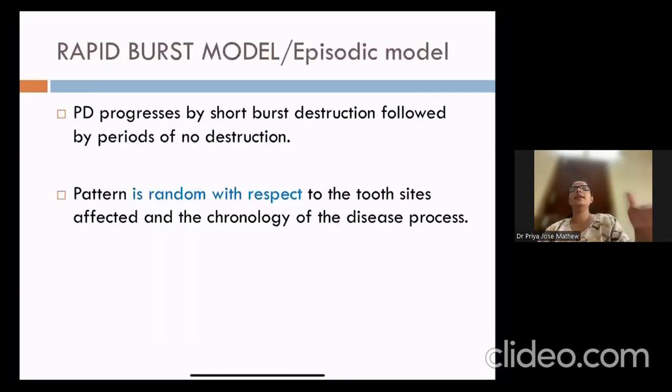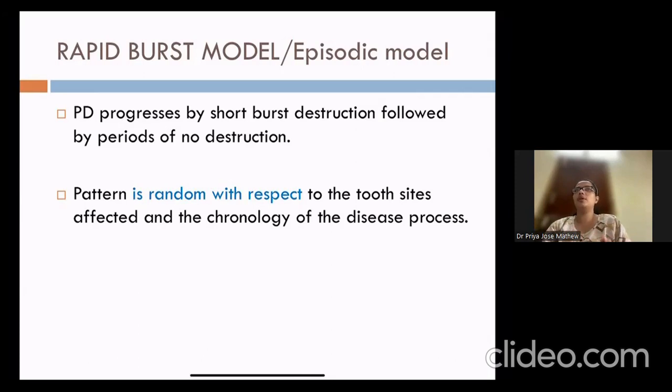Now, the next historical model was the rapid burst model or episodic model. In this, there is a short burst of destruction followed by a period of no destruction. The difference in this model is that they have not mentioned a defined period of time, so each tooth can differ.